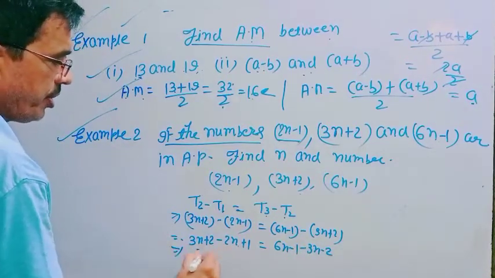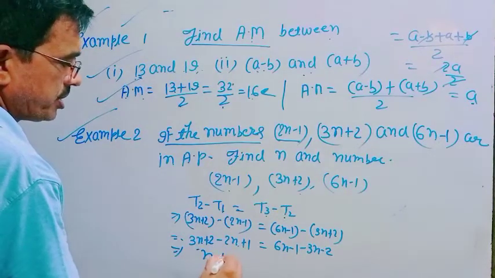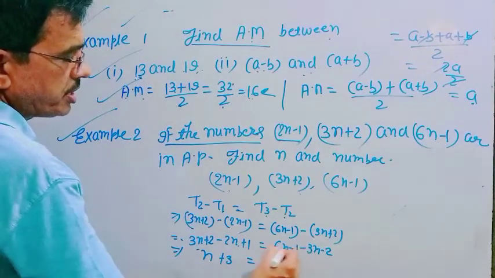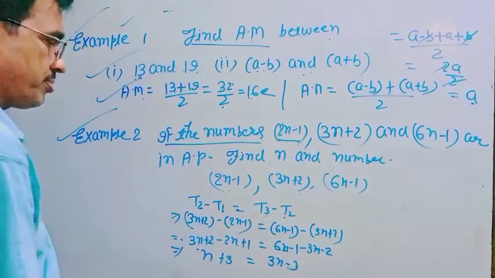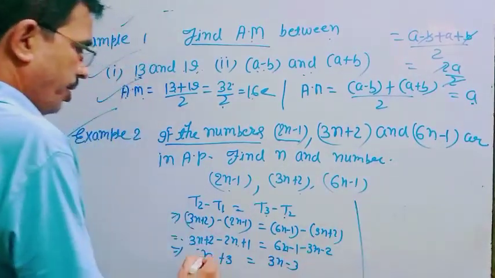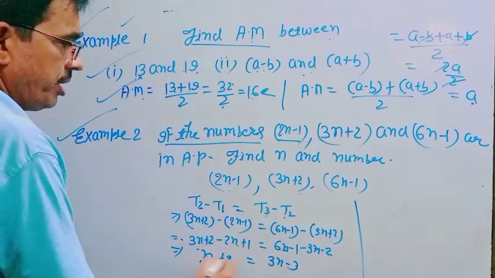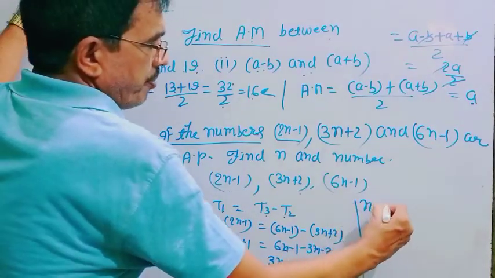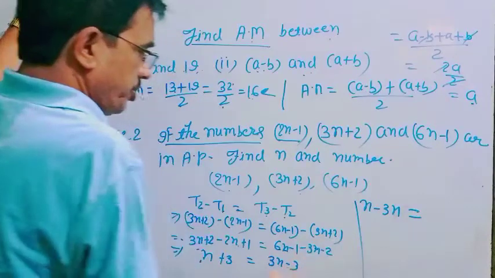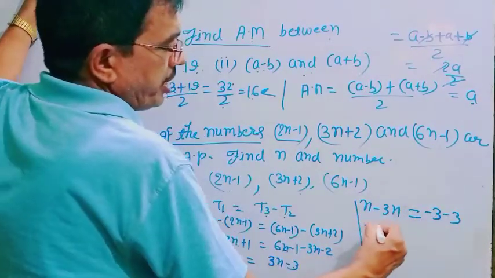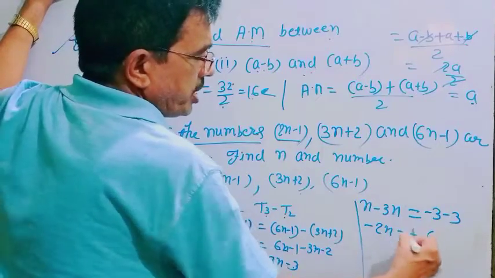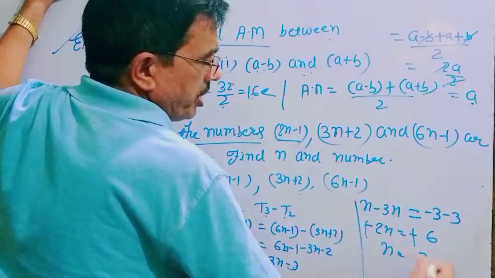You get n plus 3 on the left and 3n minus 3 on the right. Lastly, 3n minus n minus 3n is equal to minus 3 minus 3, that is minus 2n is equal to minus 6, so n is equal to 3.